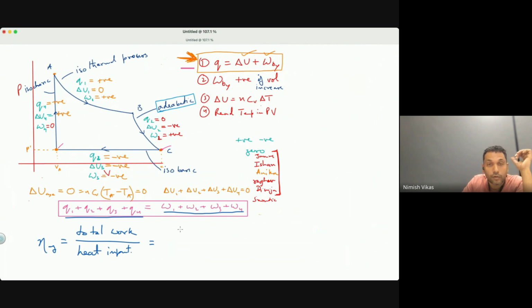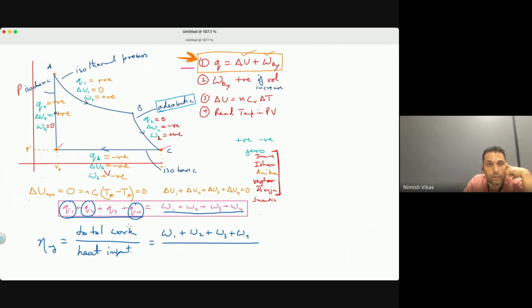So efficiency will always come less than 1 because total work is W1 plus W2 plus W3, of which some are positive, some are negative, divided by only the positive Qs, wherever the heat input was positive. So we'll leave out the Q3. Q2 is obviously 0.